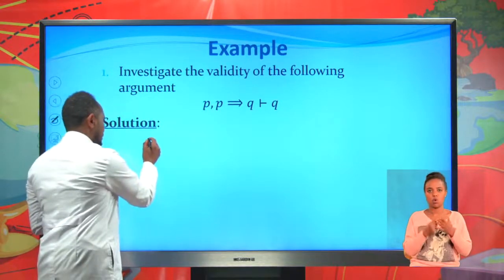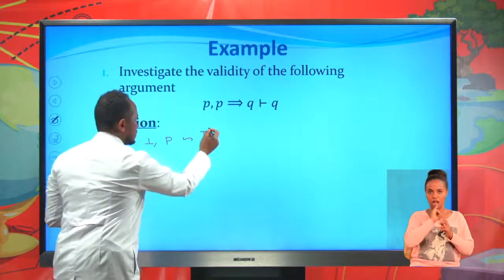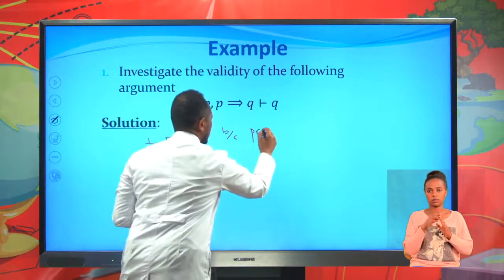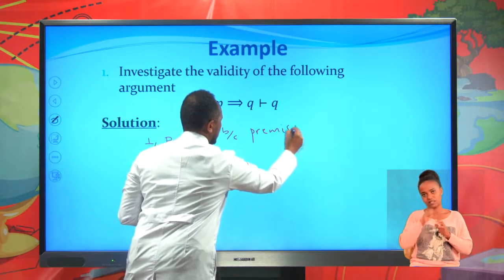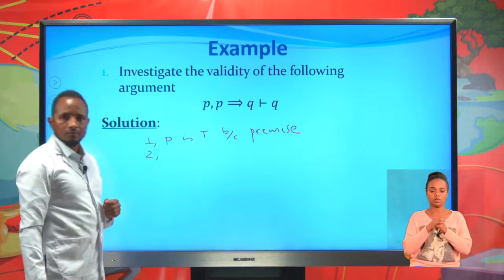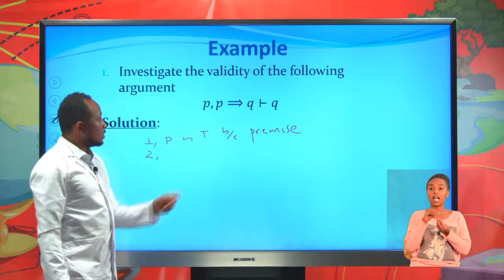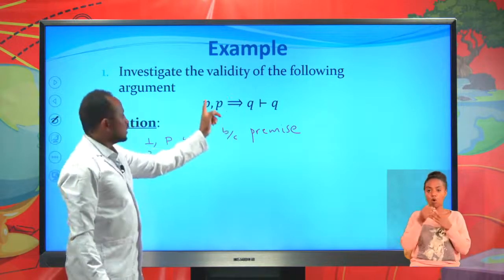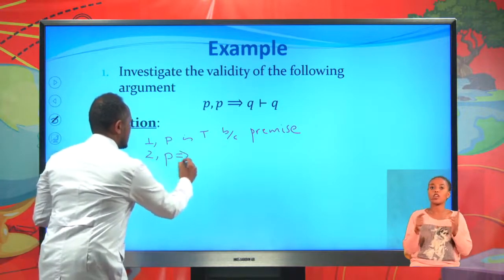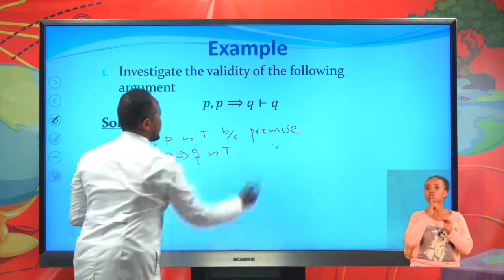So first, P is true because it is a premise. Second, you also assume P implies Q to be true, because you have to assume all the premises to be true. P implies Q is also true with the same reason.